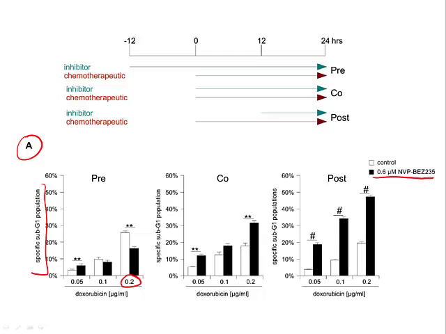If we give the inhibitor at the same time, at the high concentration of chemotherapy, we get an increase in apoptosis, what we would expect. However, if we give the inhibitor at only the last phase of apoptosis, we get a huge increase in apoptosis.